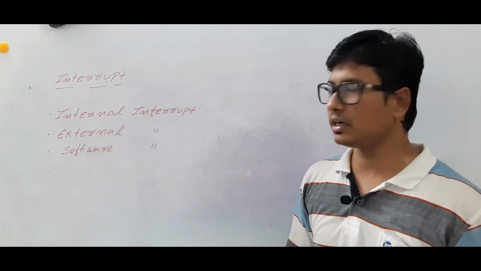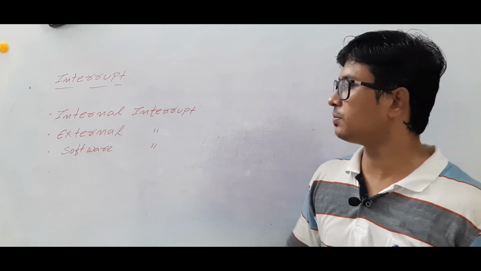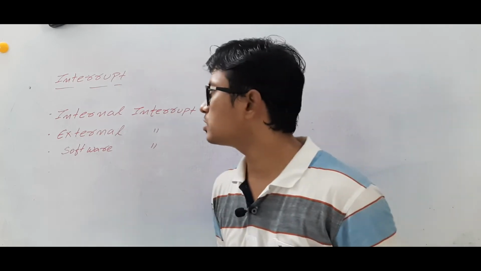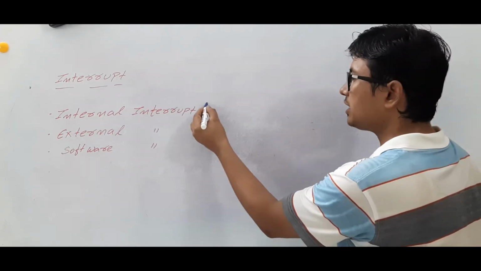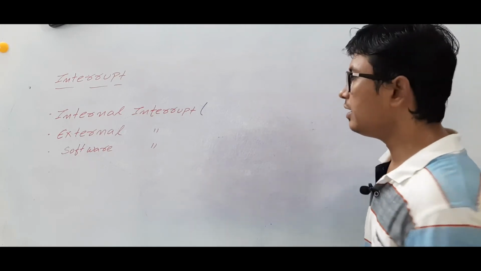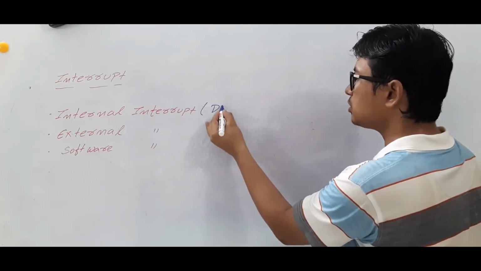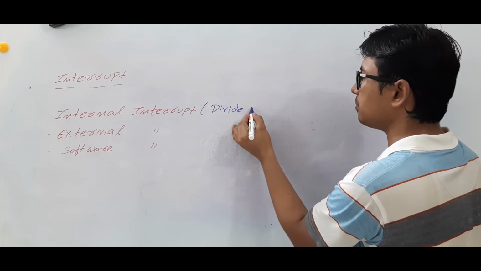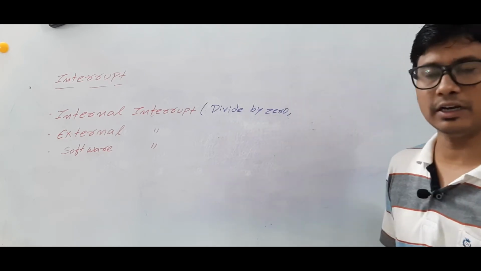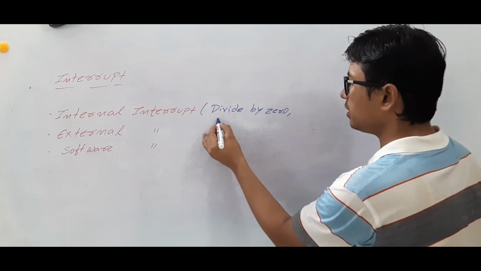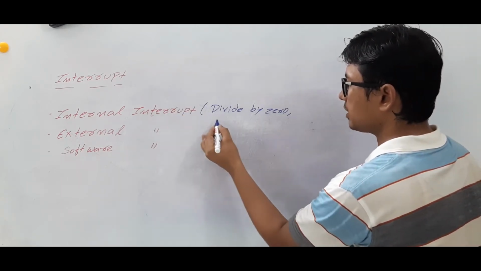We have internal interrupt, external interrupt and software interrupt. An internal interrupt happens when, while writing a program, you divide a number by 0, or whenever there is a register overflow.